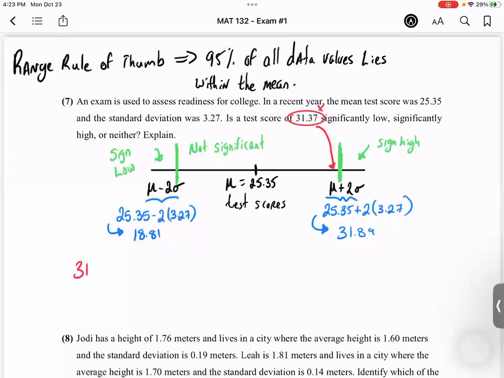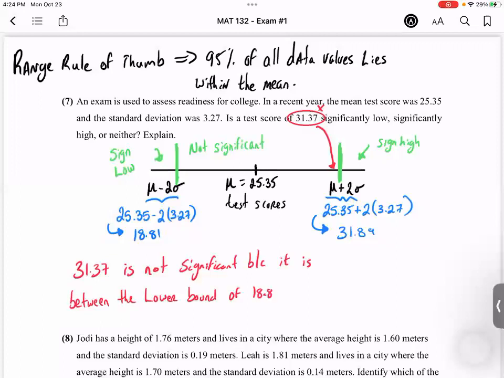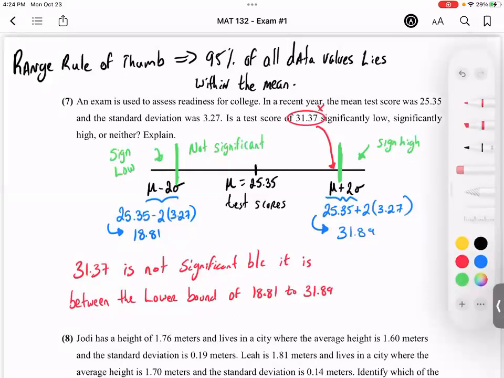So 31.37 is not significant because it is between the lower bound of 18.81 and your upper bound of 31.89. And that's it. That's how you would answer that question.